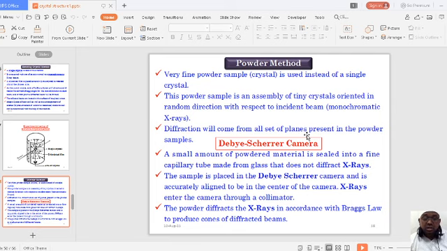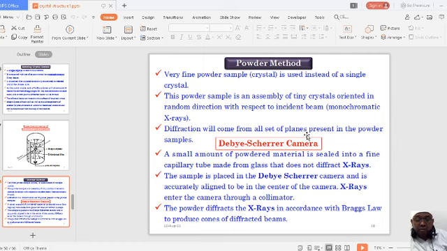So it has been named the D.B. Shearer camera. How we take this particular sample and how the sample is placed inside the camera, that we are going to learn.